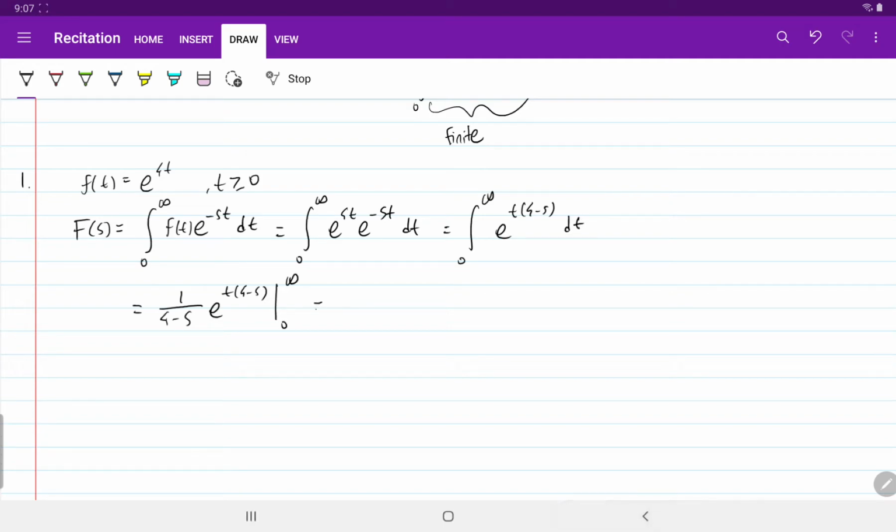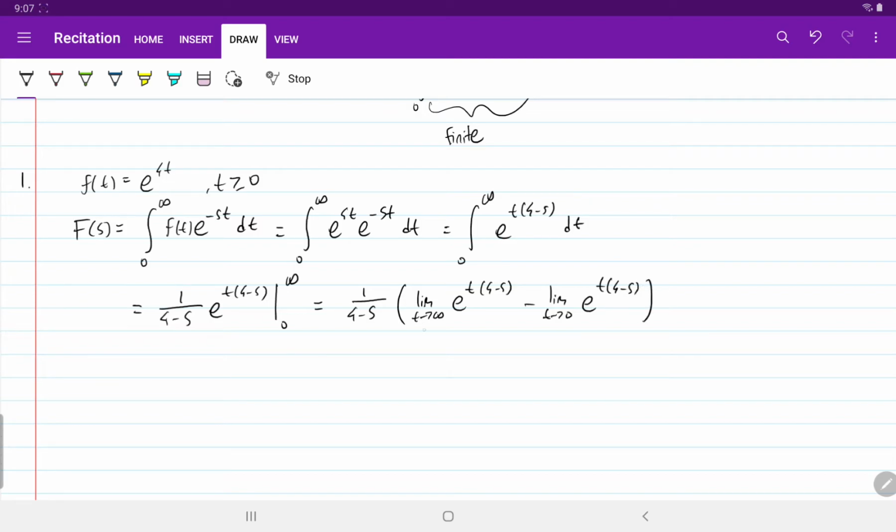Okay, we have 1 over (4 minus s), limit t to infinity of e to the power t(4 minus s), minus limit t to 0 of e to the power t times (4 minus s).